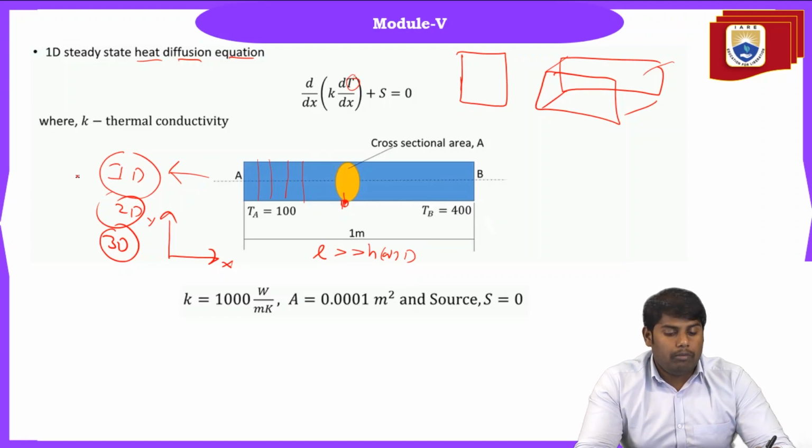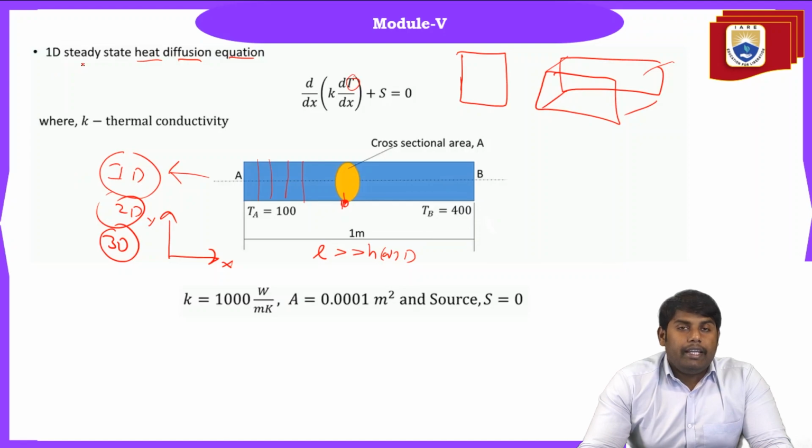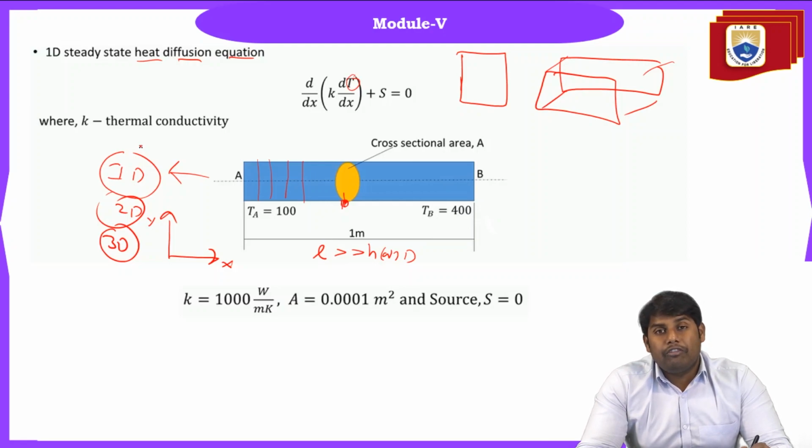Now for this problem, what do we need to see? We need to see the 1D steady state heat diffusion equation finite volume formulation. So we are formulating using the finite volume formulation and solving them with a different number of subpoints that we take along the element.